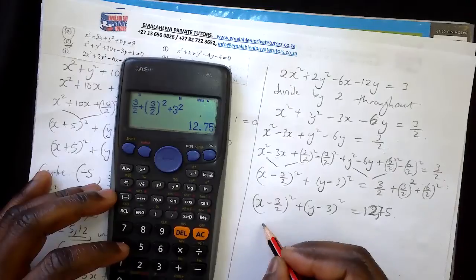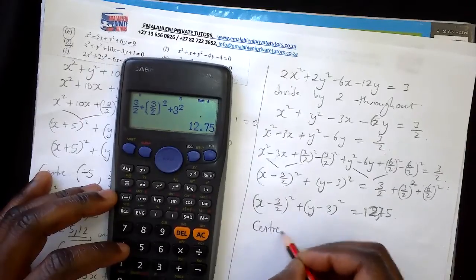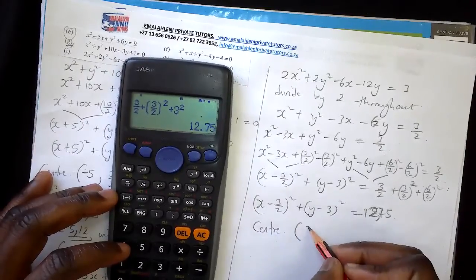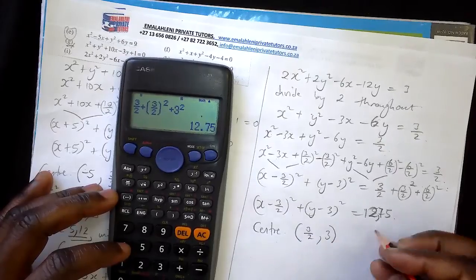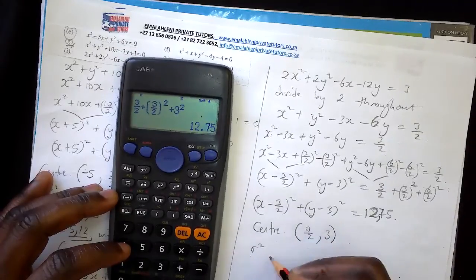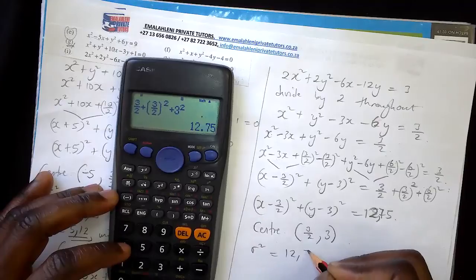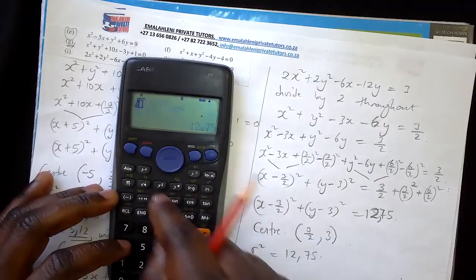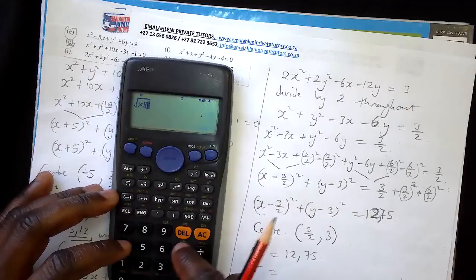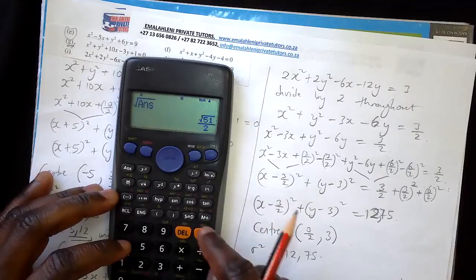Okay. Now, what do we get now from there? We're going to say your center is going to be 3 over 2 and 3. Then our radius, r squared, is going to be equal to 12,75. Then r should be equal to the root of the answer. Root of the answer should give us what?